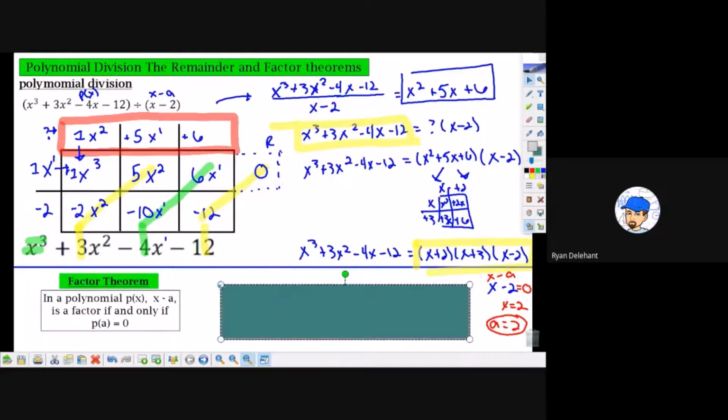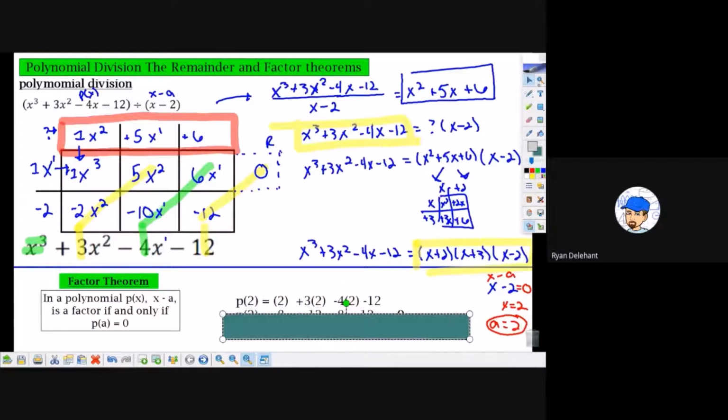So let's actually substitute in 2. I want to actually do this math. So 2 to the third is 8, right? 2 squared is 4.